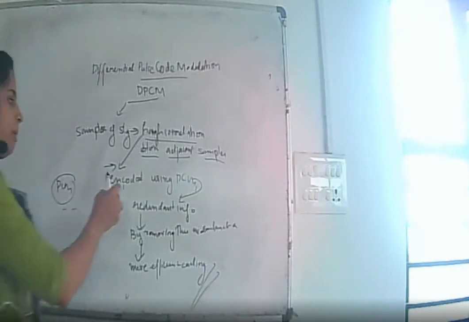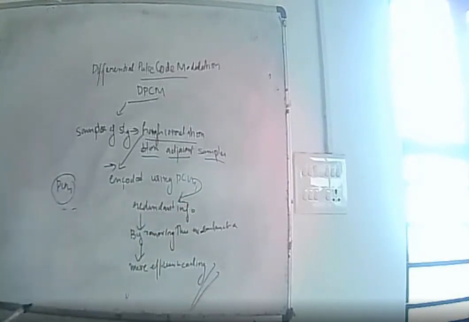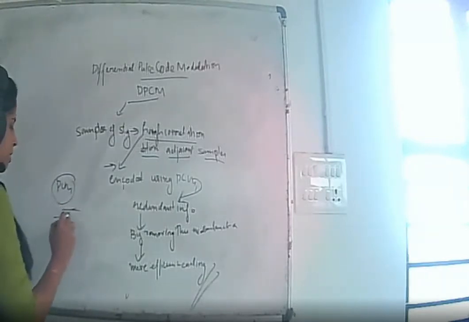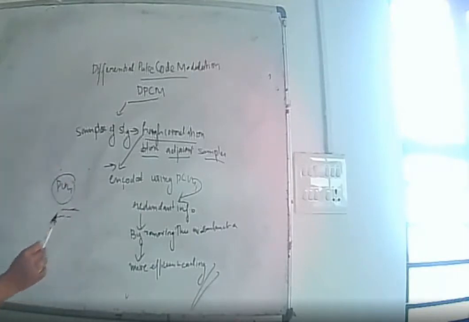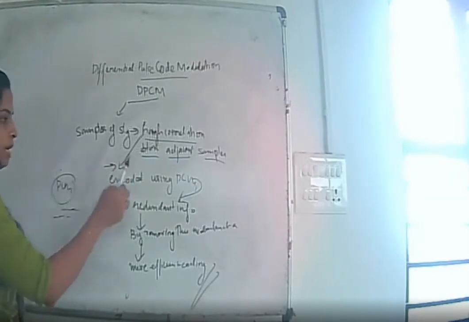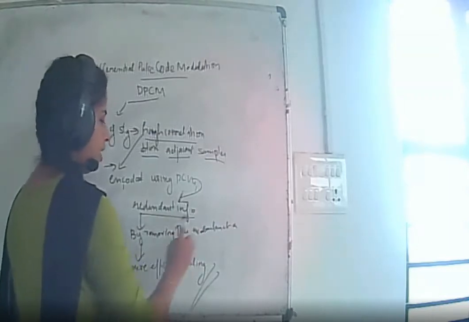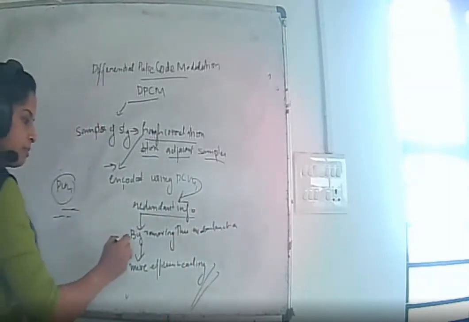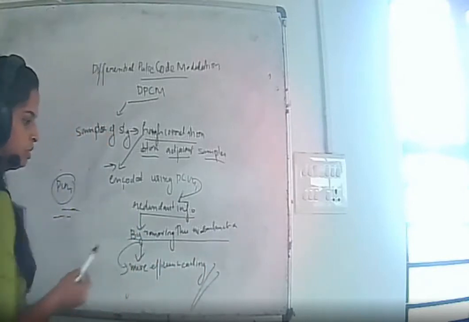So encoding using PCM contains redundant information, the same information repeated. We have to remove this redundant information so that we get a more efficient code.